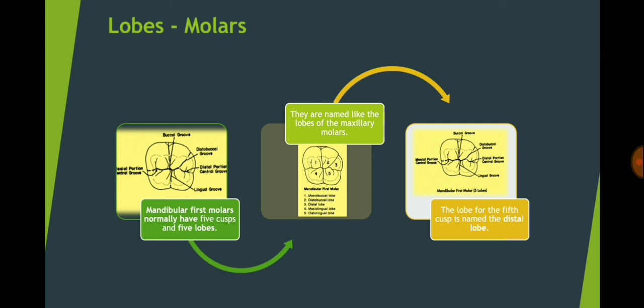So the mandibular first molars normally have 5 cusps and 5 lobes. So let's look at what has 5 lobes. 5 lobes is the Y-type mandibular second premolar and also the mandibular first molar.